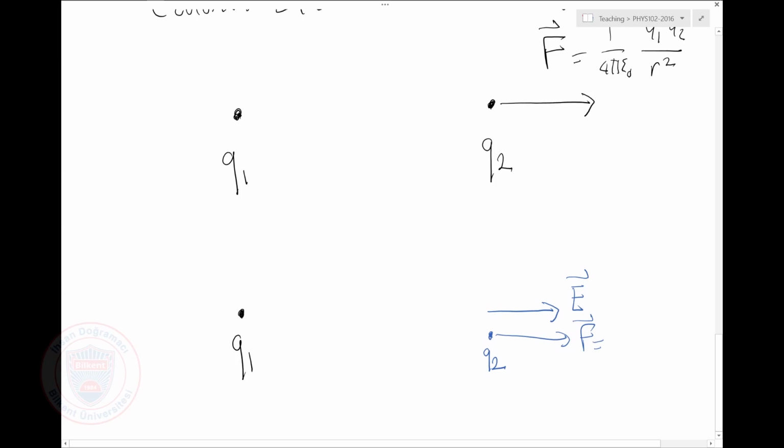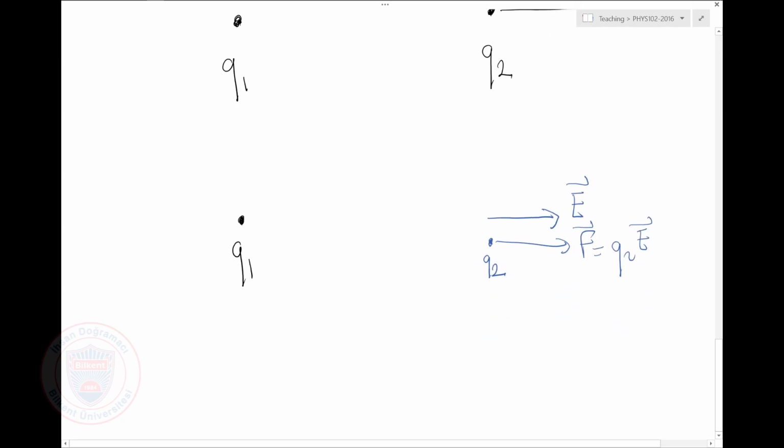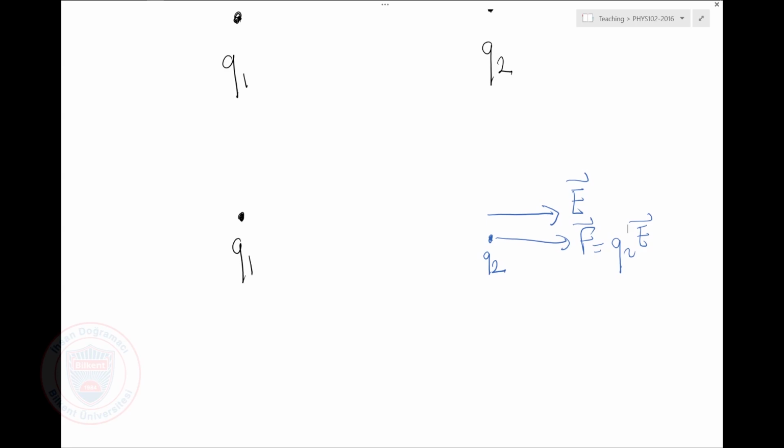But it's not because it feels Q1 from afar. It locally, at that point, feels the electric field. Now, you may think the distinction is academic, but it's actually very important.